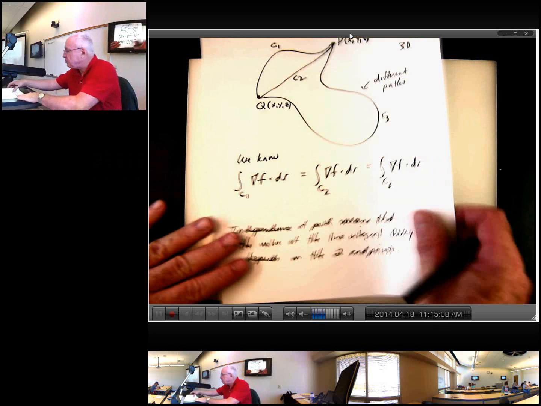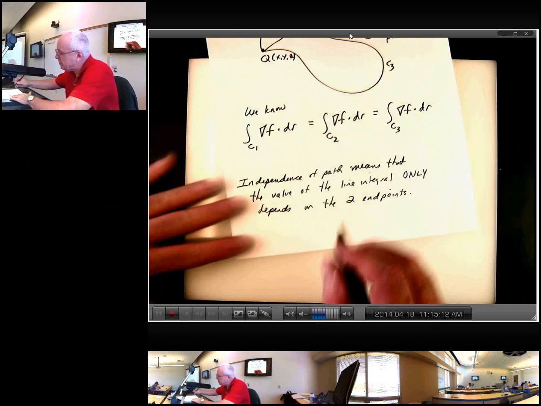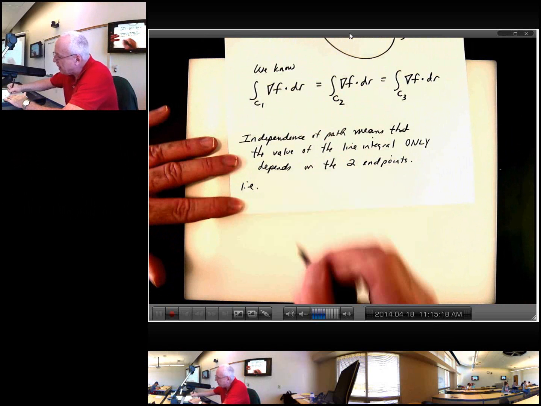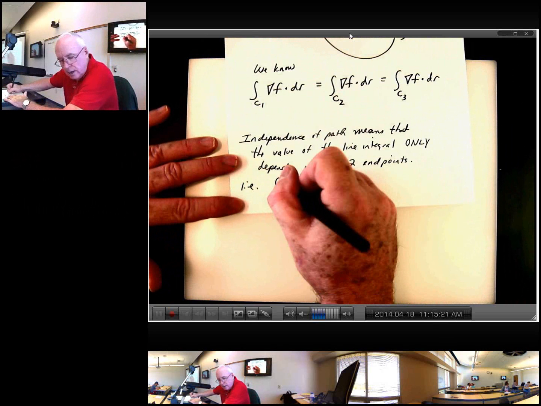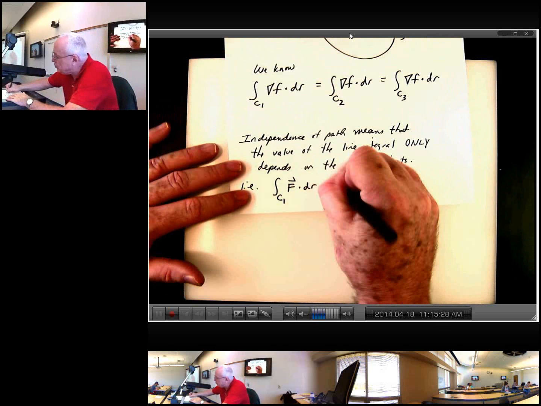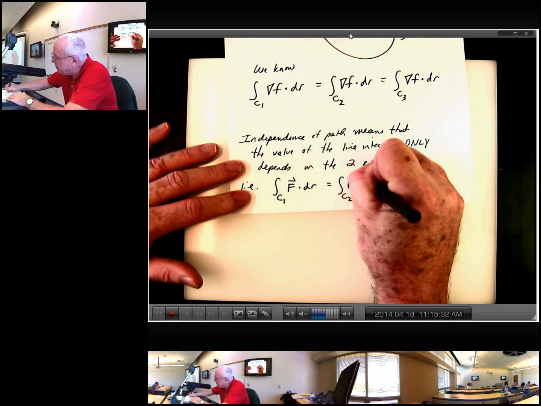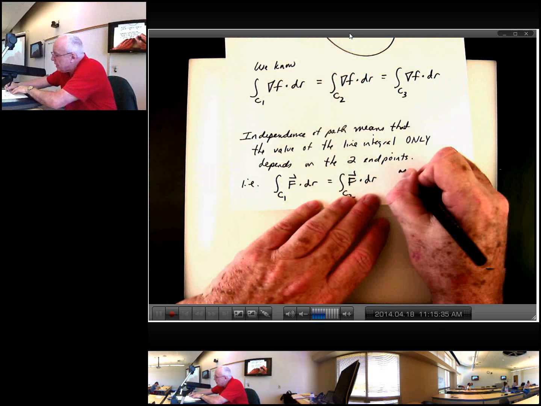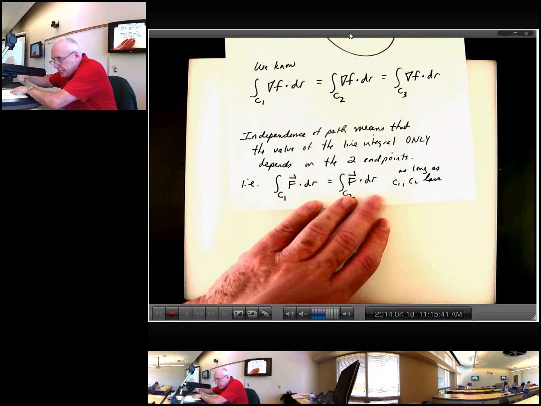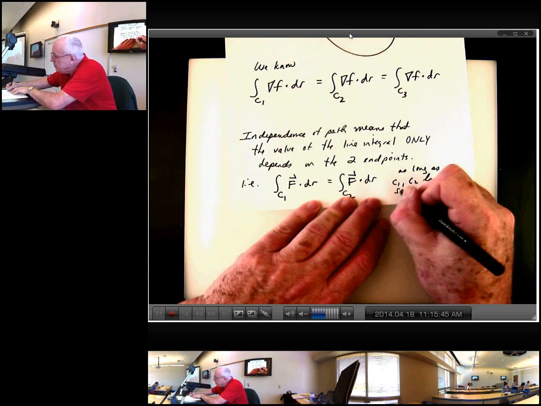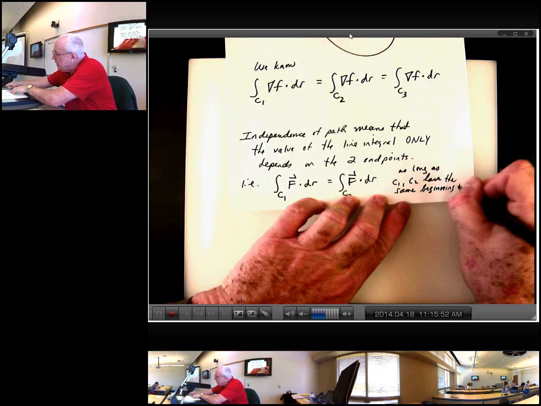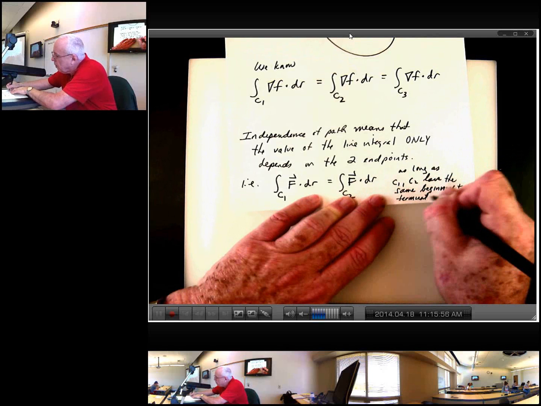All right. So I just want to say, in other words, what I can say here is, i.e., the integral along C1 of, and we'll do it in general, f dot dr is equal to the integral along C2 of f dot dr as long as C1 and C2 have the same beginning and ending or terminal points.